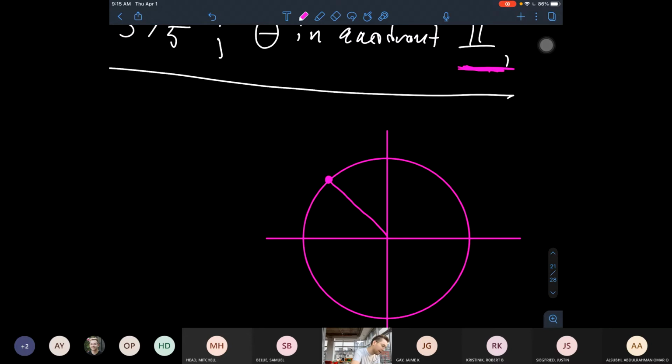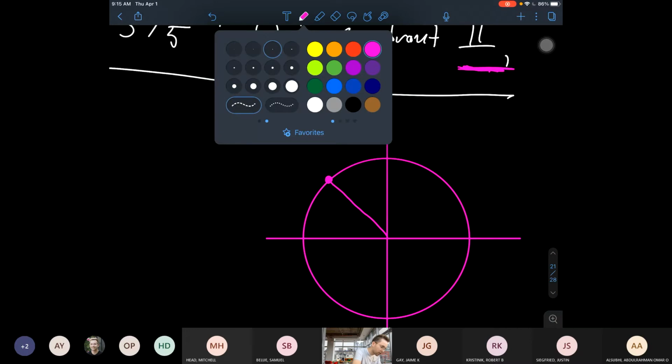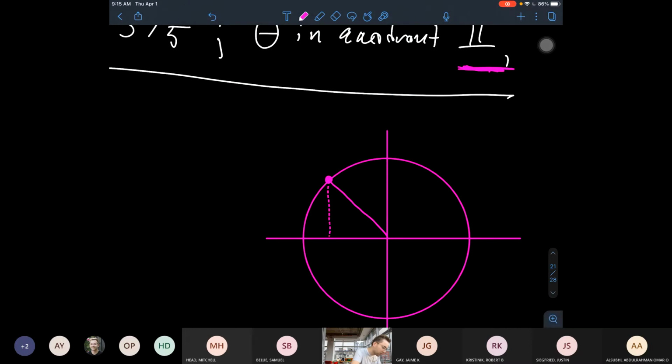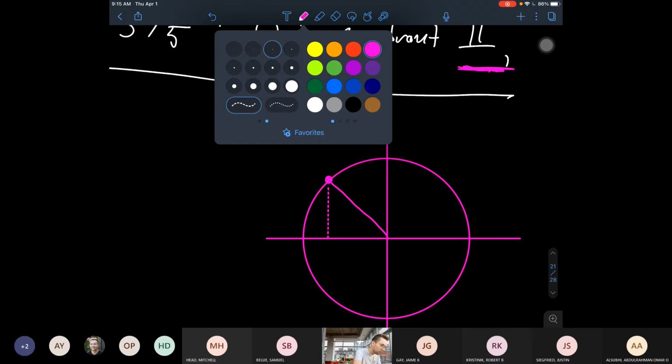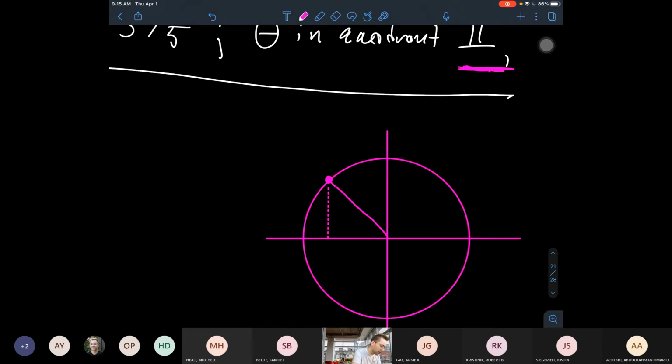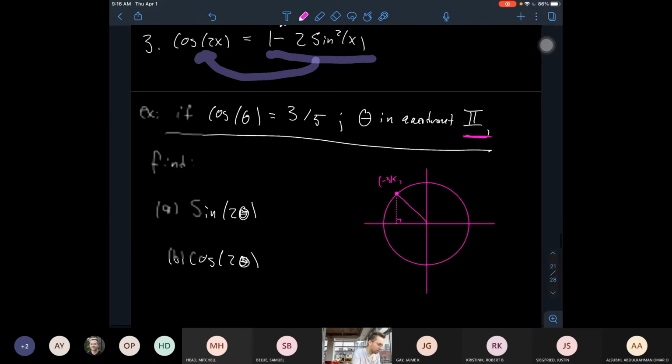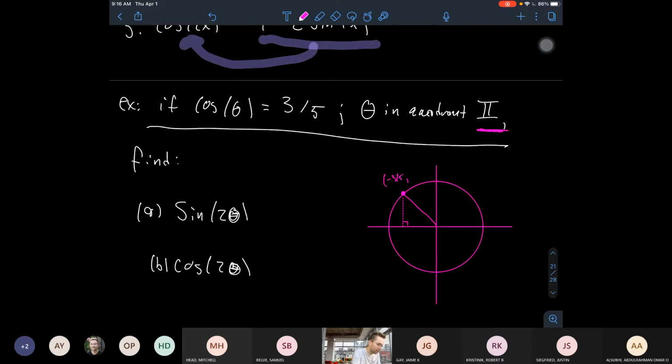And theta points right there at that point. And we can drop a line and draw our triangle, and then this will be a right angle, and this is the point -3/5, comma, oh wait, cosine of theta is 3/5, and theta is in quadrant 2. That makes no sense.